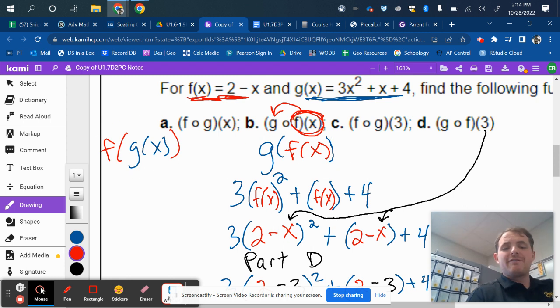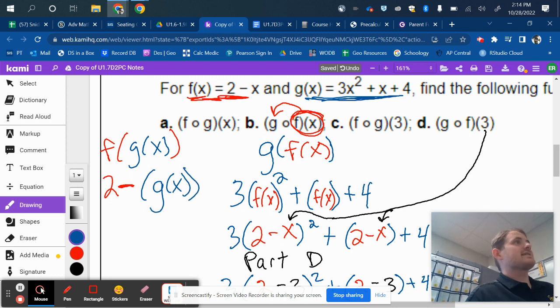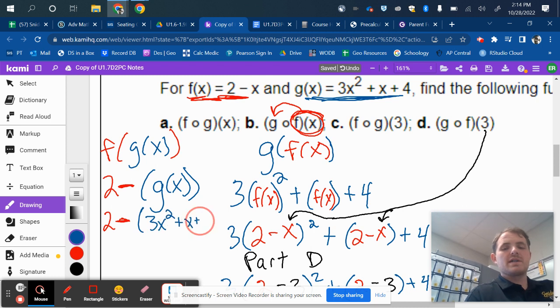So my f function, my outer function, is 2 minus g of x, 2 minus x. So then it becomes 2 minus the entire function, 3x squared plus x plus 4.